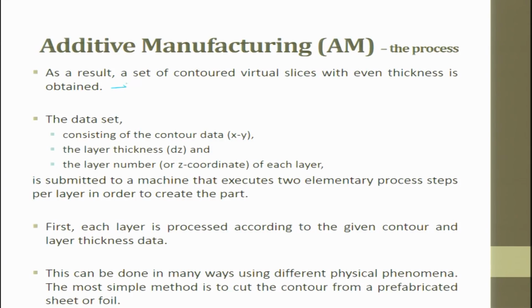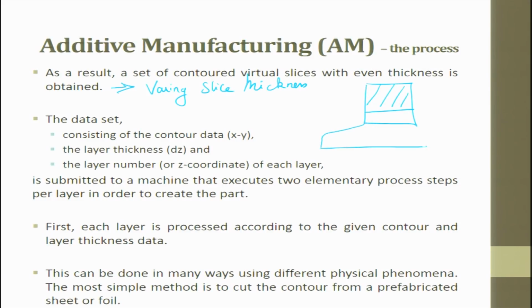Today, this also has changed. You can have varying slice thickness. Machines have been developed with which you can have not only even, but also varying slice thickness. For example, if you have a geometry like this, you can choose up to here as one layer, and then this layer, and then suppose you have a change in geometry like this.